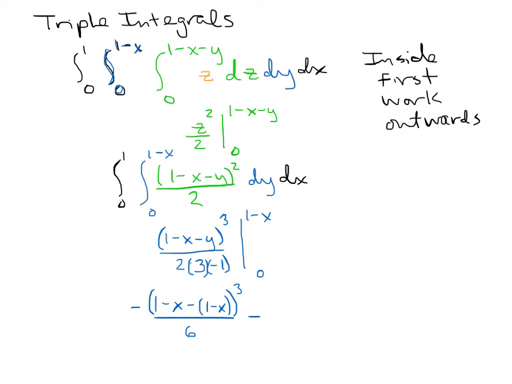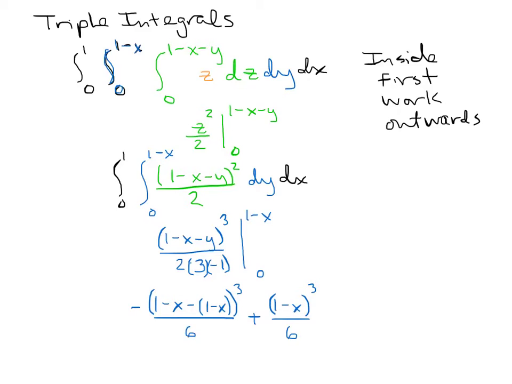And then minus, we're going to plug in 0 into y, and that leaves us with 1 minus x cubed all over 6, and that 6 is negative. So I'm going to switch the sign of that. Okay, so I plugged in 1 minus x into y here. I plugged in 0 here. These were both divided by -6. I subtracted the lower bound. I subtracted a negative. It made it positive.